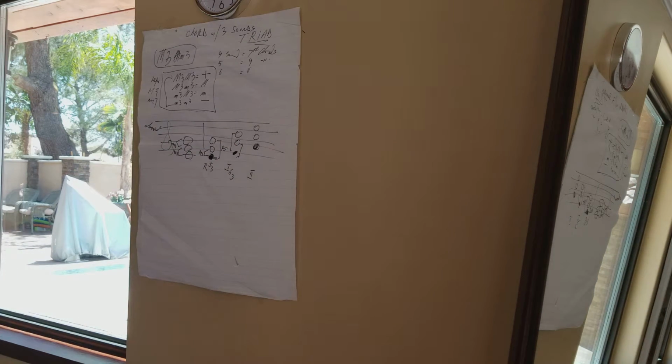So, root position, the distance from do to sol is 5. So that's 5. And the distance from do to mi is 3. So we call that 5-3. First inversion we call 6-3. 1, 2, 3, 4, 5, 6. 1, 2, 3. 6, 3.